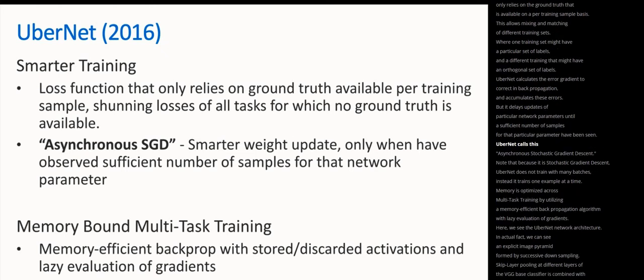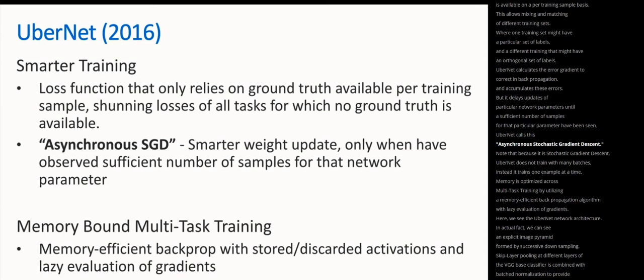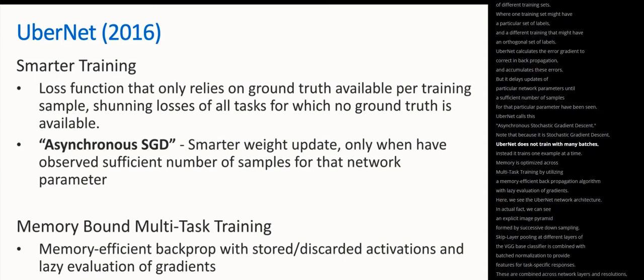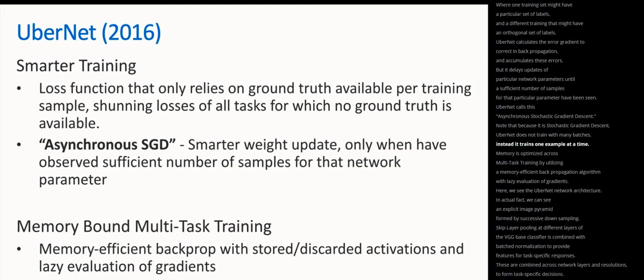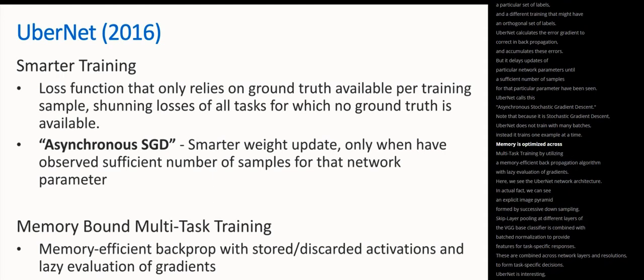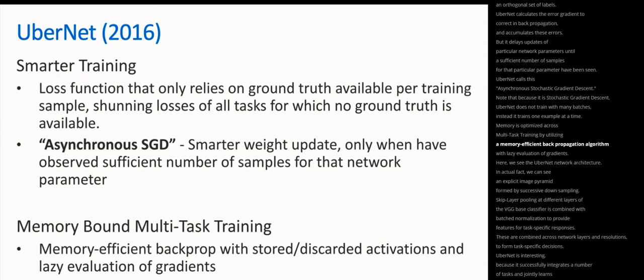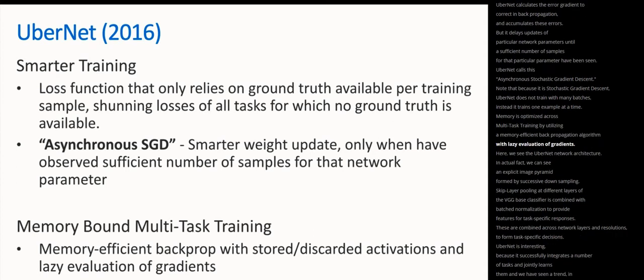UberNet calls this asynchronous stochastic gradient descent. Note that because of this, UberNet does not train with mini-batches. Instead, it trains one example at a time. Memory is optimized across multitask training by utilizing a memory-efficient backpropagation algorithm with lazy evaluation of gradients.